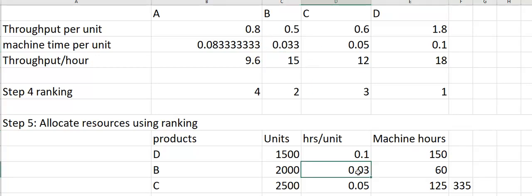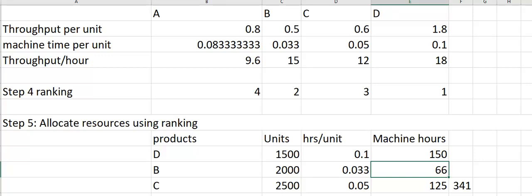I think I made a mistake, so it should be exactly like this, 0.033. So if you take 2,000 times 0.033, you have how much? 66.